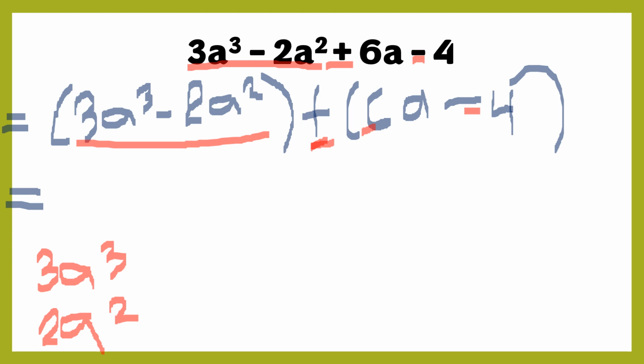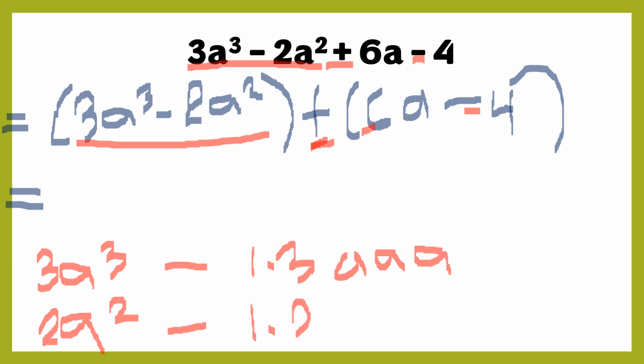Okay. Now, 3 and 2, there is no greatest common factor except 1. So let us have here 1. Now, if you have 3 divided by 1, the answer is 3. And then we have a cubed, a, a, and another a. If you have 2 divided by 1, the answer is 2. And we have a squared. We have a and a.